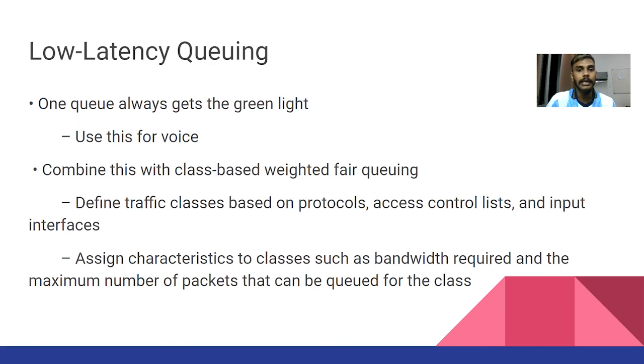LLQ also allows delay-sensitive data such as voice to be given preferential treatment over other traffic by letting the data be dequeued and sent first. That is the main purpose of low latency queuing.